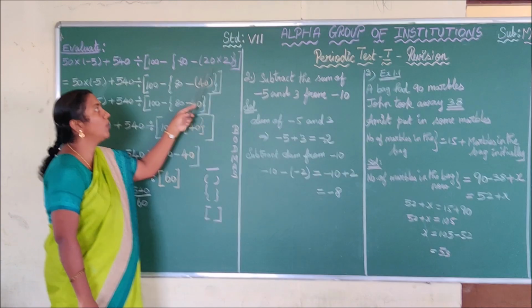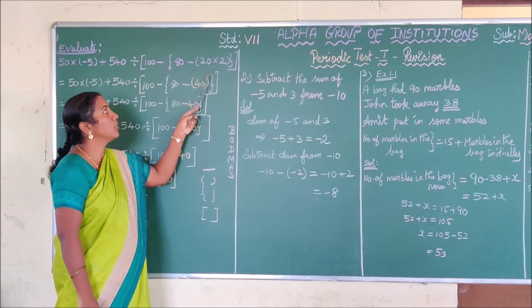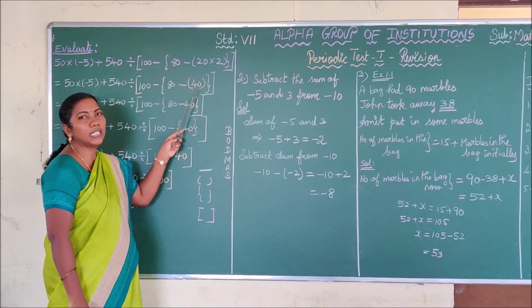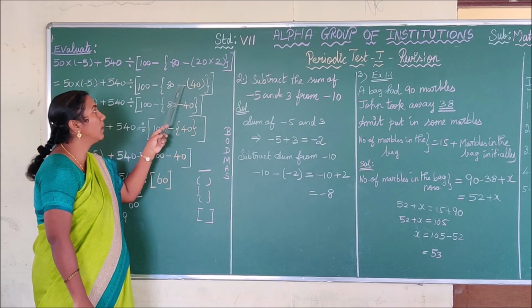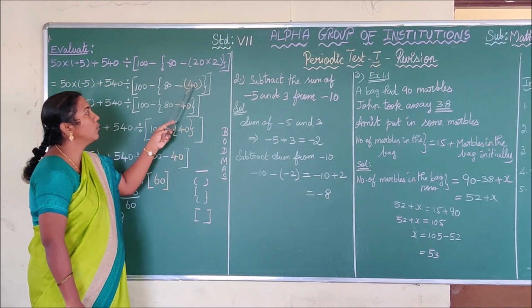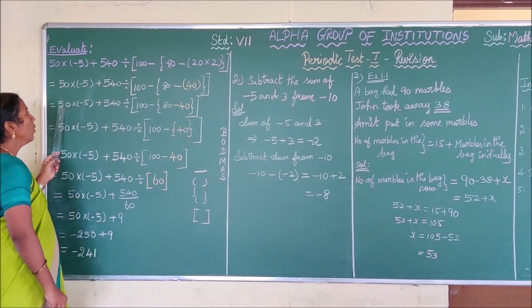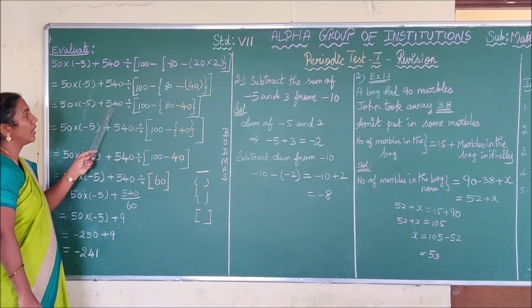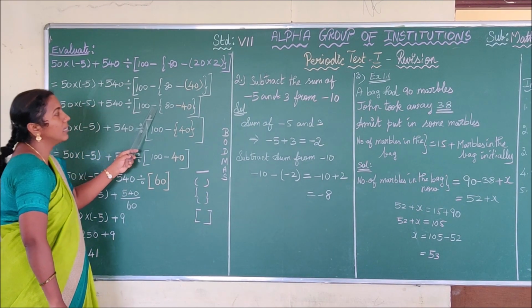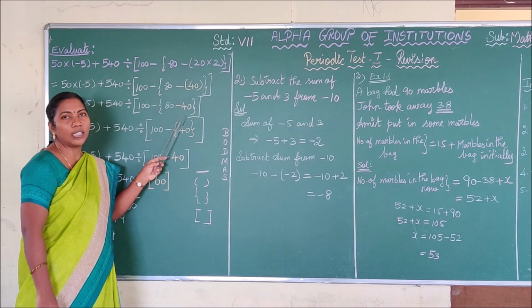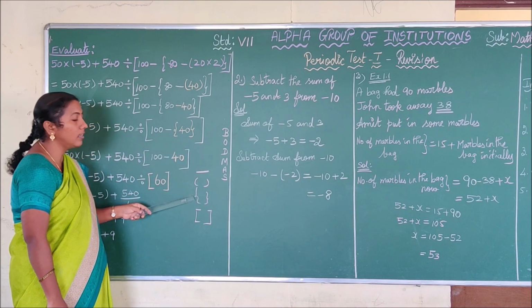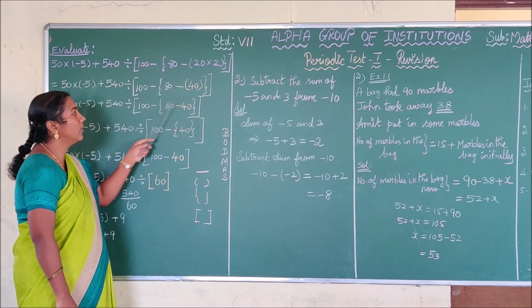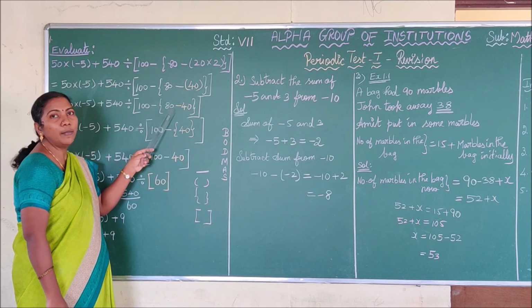See here, we have square bracket, curly bracket, and simple bracket. First, we are going to evaluate this simple bracket. So, 20 into 2, what is your answer? 40. Next, we have to remove this simple bracket. So multiply the symbol, minus into plus, minus. Thus we have 50 into minus 5 plus 540 divided by 100 minus 80 minus 40. Thus we have evaluated the simple bracket. Next we have to evaluate the curly bracket. See here within the curly bracket we have 80 minus 40.